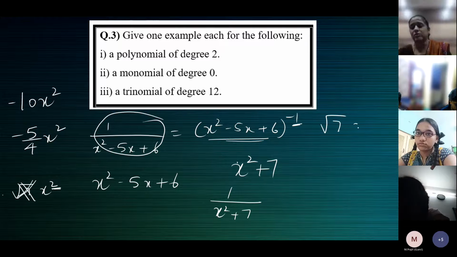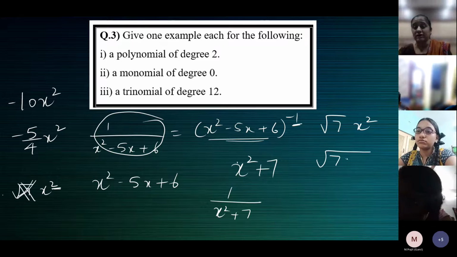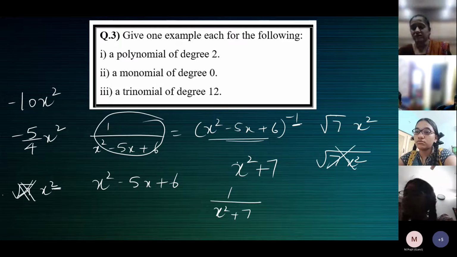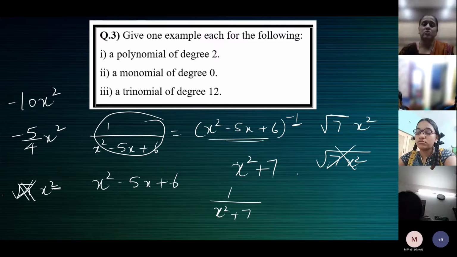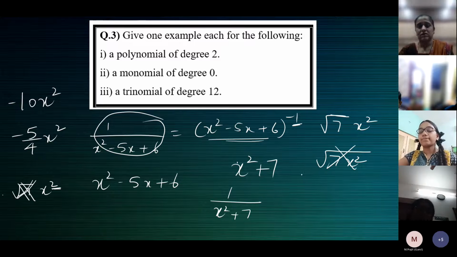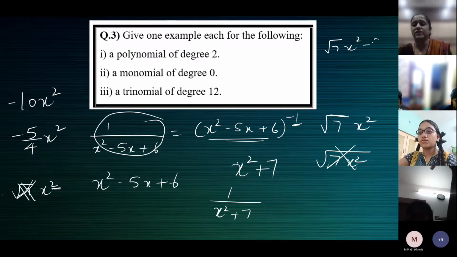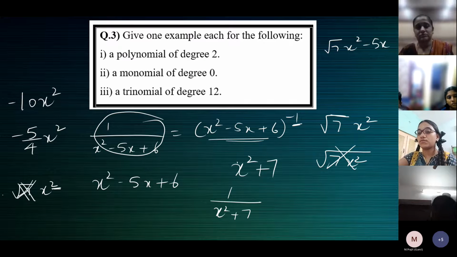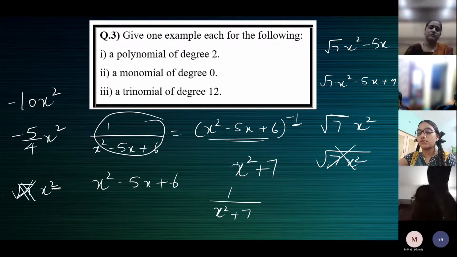Root 7x square is a polynomial of degree 2. Now root 7x square minus 5x is also a polynomial of degree 2. Root 7x square minus 5x plus 9 is also a polynomial of degree 2.